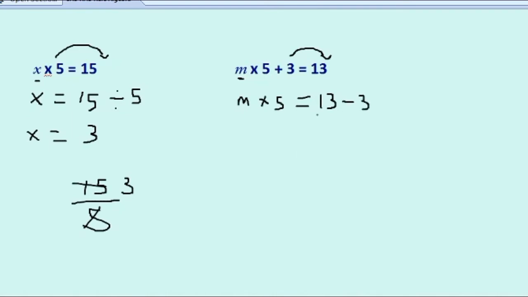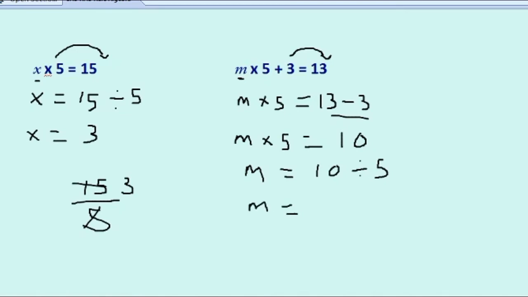So m into 5 equals 13 minus 3. 13 minus 3 is how much? 10. Now m, transfer this 5 to the right hand side, equals 10 divided by 5. So m equals 10 divided by 5, which is 2. The value of m is 2. Now let's check it. M into 5, that is 2 into 5, 10. 10 plus 3 is 13.